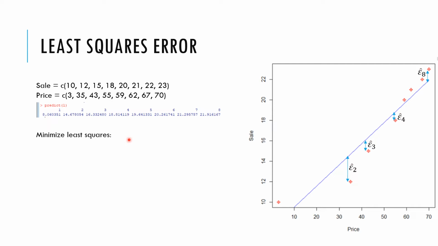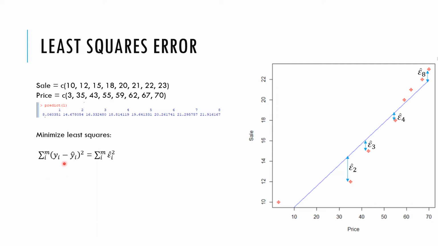That makes logical sense, right? We want to minimize these errors so that our predictive model is highly accurate when it comes to predicting the values, right? If we minimize the error, we get better predictions and better results. That's the whole idea.